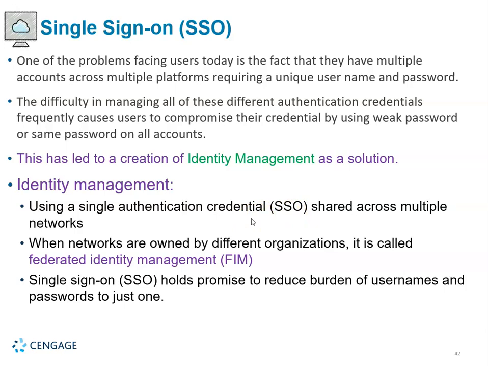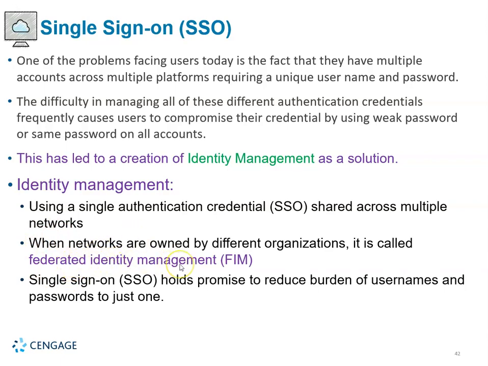So when networks are owned by different organizations, that's a problem because you're going across well-defined boundaries. To be able to do that, there's a new protocol developed that follows what we call the Federated Identity Management Protocol, or FIM, F-I-M. Federated means a federation or a connection of organizations that share these credentials.